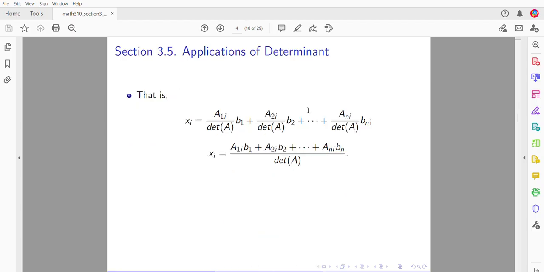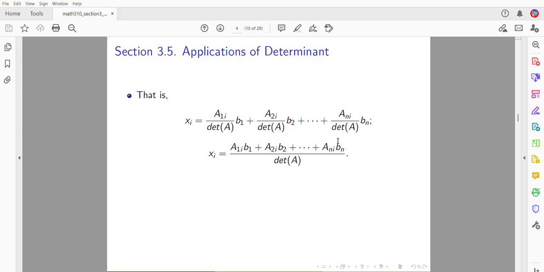So xi, that is the ith entry, is A1i B1 over determinant A plus A2i B2 over determinant A, all the way Ani Bn over determinant A. You have a common denominator of determinant A. So A1i B1 plus A2i B2 all the way to Ani Bn, that's the numerator. This is your xi. Now let's understand the numerator.